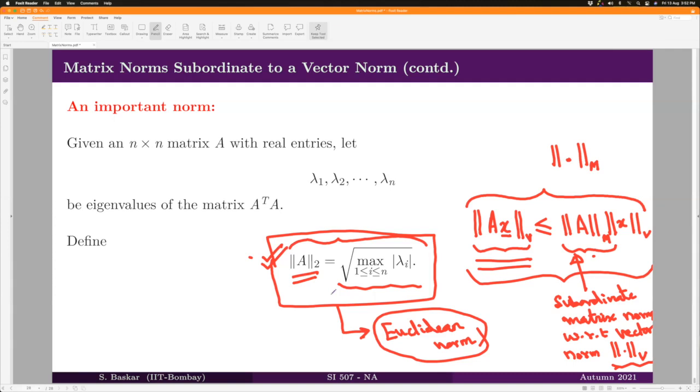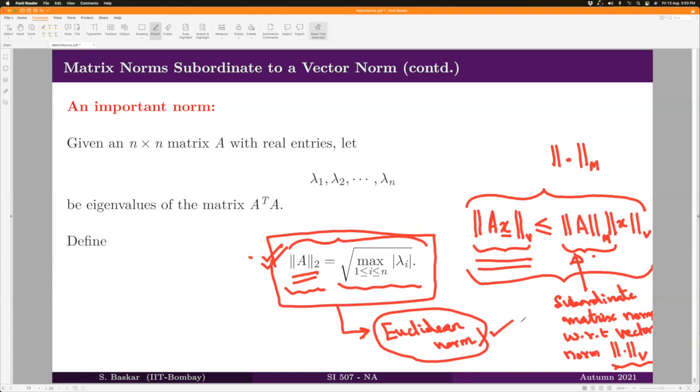In fact, we will be introducing a method called the power method to find the dominant eigenvalue of a given matrix A. But in general, it is not very easy or straightforward to obtain eigenvalues of a matrix A. That is why it is often difficult to work with the Euclidean norm.